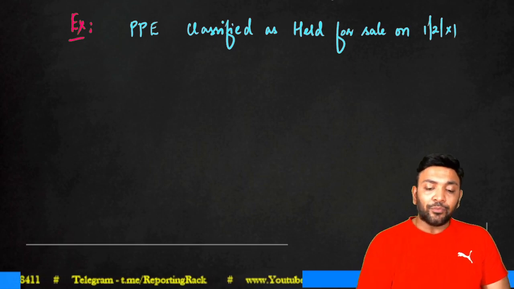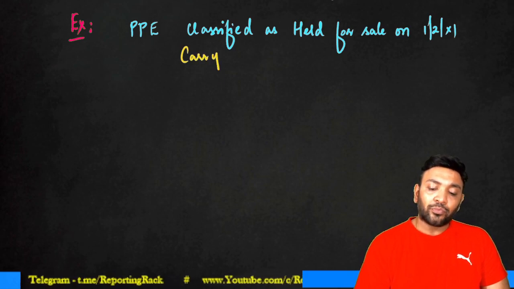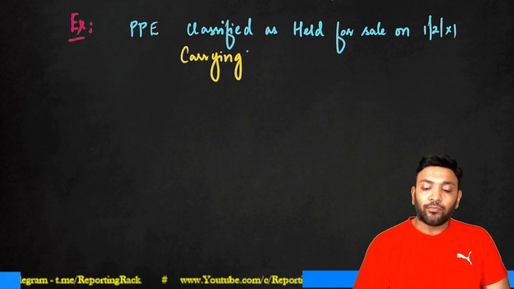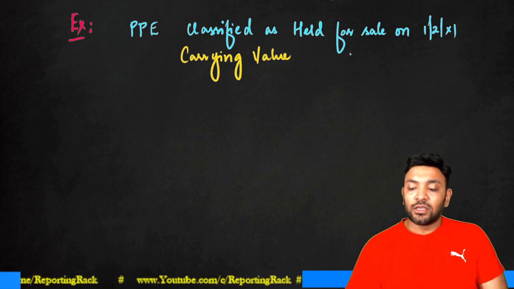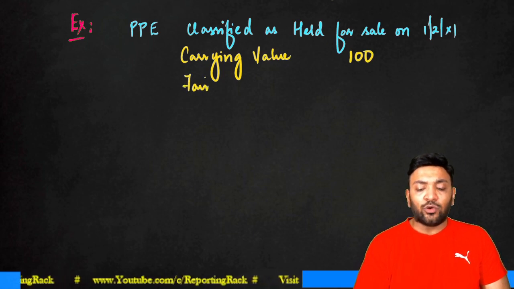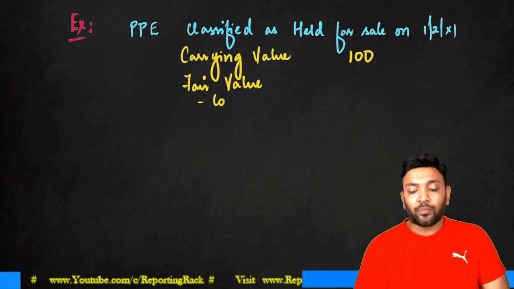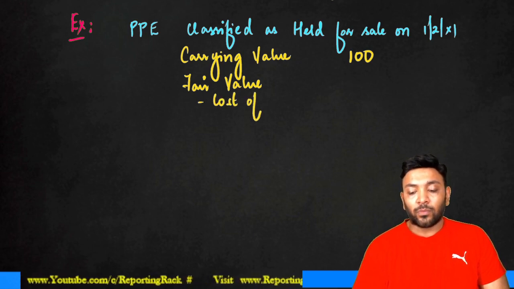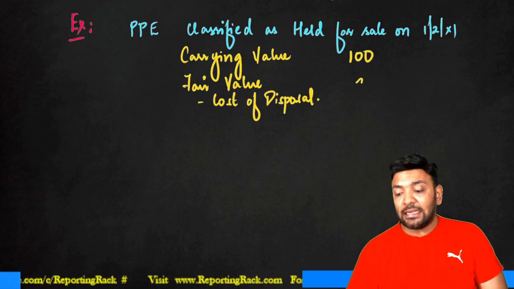On that day, let's say the carrying value of the asset was 100 and the fair value less cost of disposal was about 90.